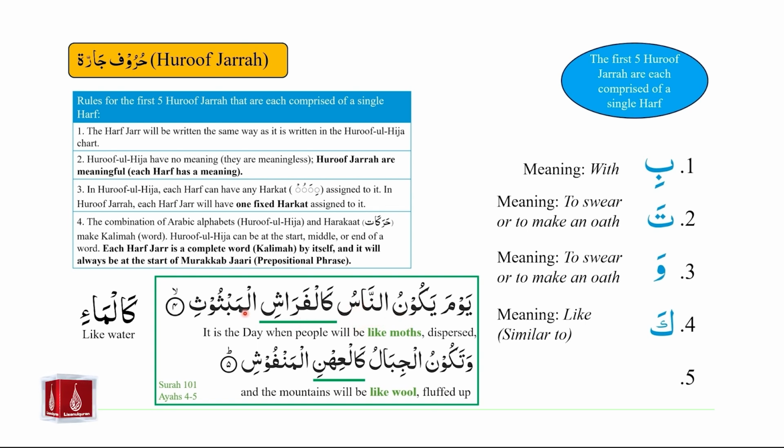The entire ayah is translated to it is the day when people will be like moths, dispersed, referring to the day of judgment. In the next ayah, we have kal ihni, which can be translated to like wool. And the ayah is translated as, and the mountains will be like wool fluffed up.